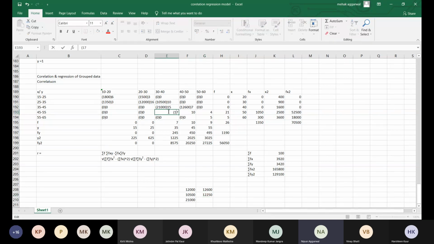So which comes 12,250. Now for this, so 50 into 45. So which will be equal to 50 into 45 into 10. So it comes out to be 22500.